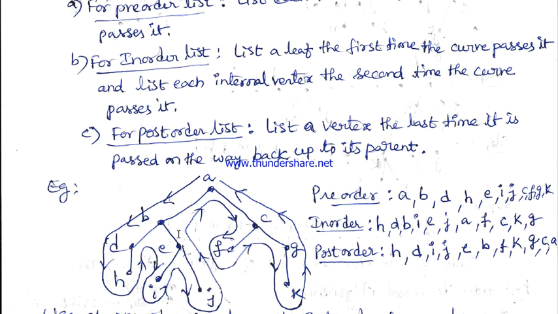So from this diagram, after A, the curve passes through B for the first time. So B is taken.